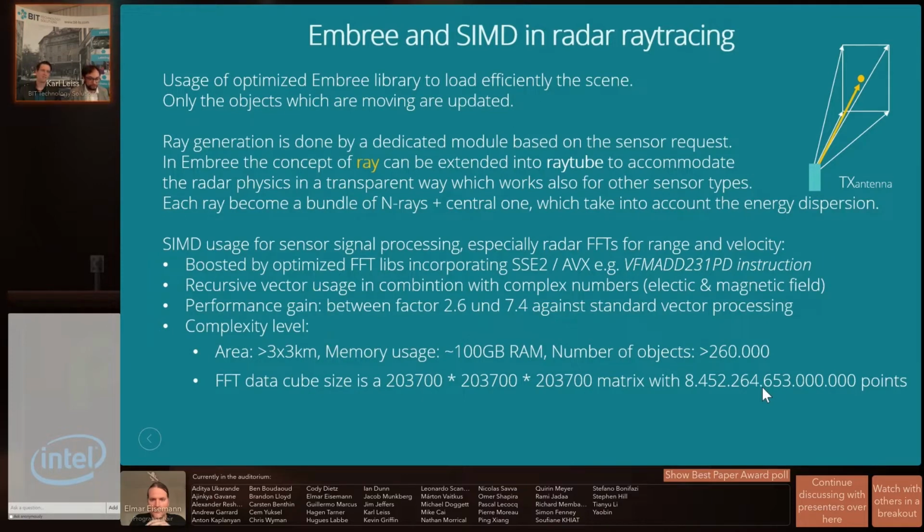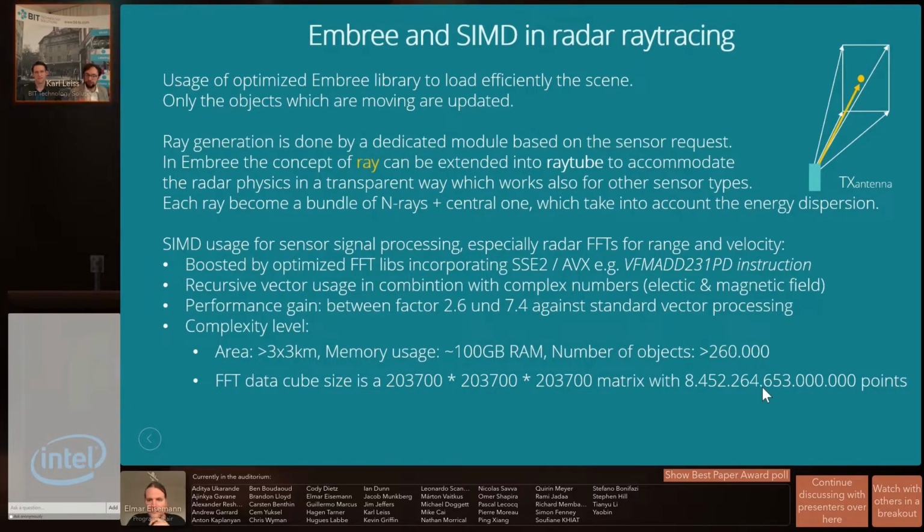I would like to share with the audience our experience with the Embree libraries in ray tracing. We were able to load very complicated scenes. You can see in the slide a bigger area with hundreds of thousands of objects, and use them in a very efficient way, also considering the various interactions and animations. But the most important thing was the capability to accommodate the new radar physics in the new concept of ray tube.